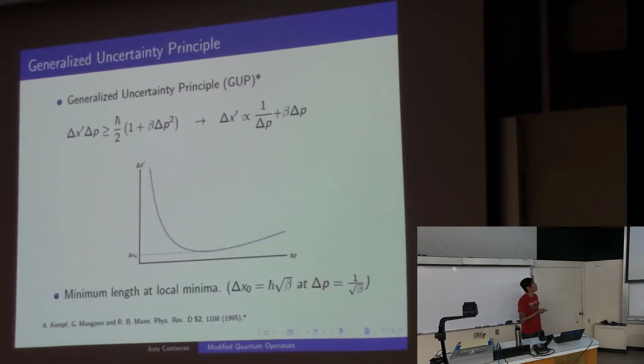Now, there's another way of getting that curve. This is called the generalized uncertainty principle. So Kempf and Mangano proposed the following relationship, where they modified the position in order to give this new relation right here. Now, this relation is nice because we have this parameter beta, which again depends on our model, but it leads to a proportionality for the position uncertainty that looks like this.